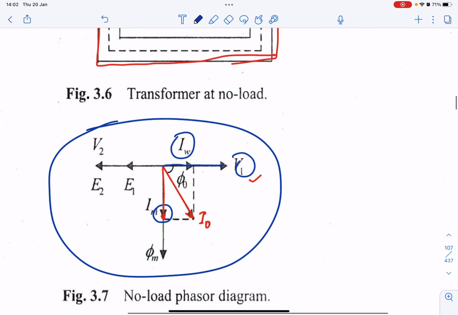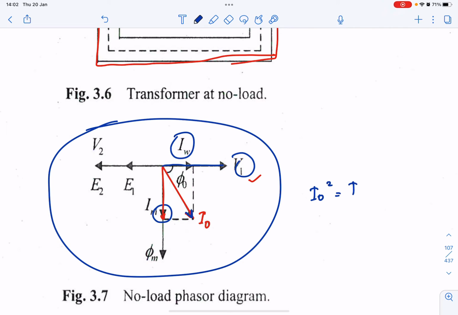If you look at this phasor diagram, if you want to find I0, you need to apply Pythagoras theorem. So I0 squared is equal to Iw squared plus Im squared. So I0 is equal to root of Iw squared plus Im squared.